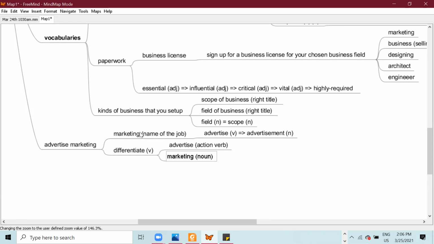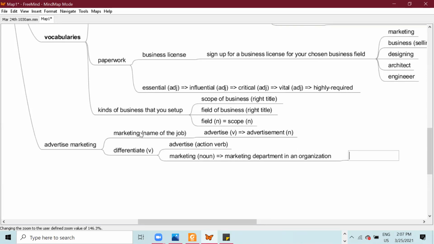Marketing is not an action verb, it's a noun in English, and marketing is the name of a department in an organization. Like I said, I want to work in the marketing department in a company because I want to get more experience from the marketing field. And marketing field, what does it mean?